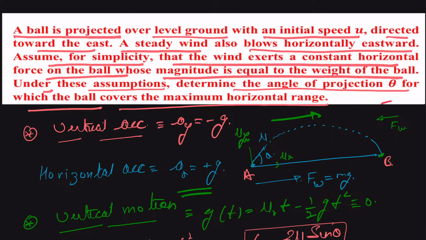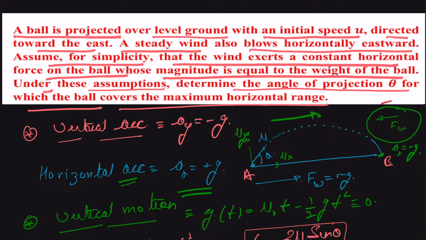That will be the only difference, and accordingly the rest of the calculation is also going to change. We have to keep in mind that the horizontal acceleration changes according to the wind direction, so here the acceleration a of x will be equal to minus g, basically retardation.